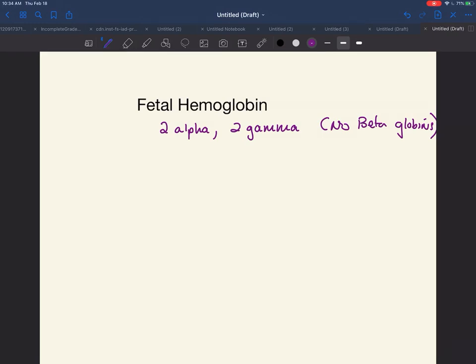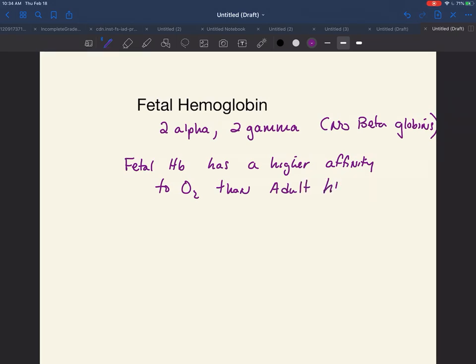This is very interesting because this means that fetal hemoglobin has a higher affinity to oxygen than adult hemoglobin. And the significance of this means that the fetus can pick up oxygen from the placenta.